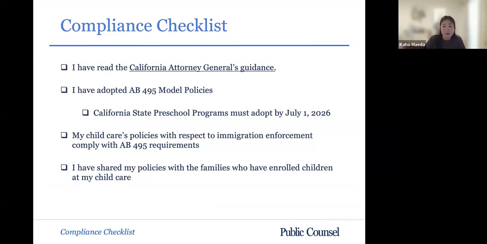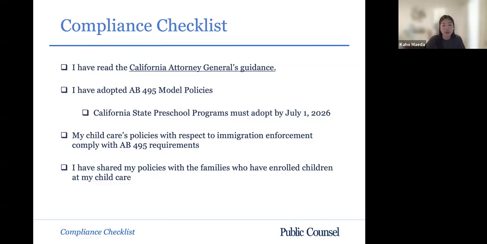Second, you want to make sure you have adopted AB 495 model policies or something similar, depending on what kind of childcare you are running. So again, if you are California State Preschool Program, you are required to adopt the model policies or something very similar to the model policies by July 1st, 2026.